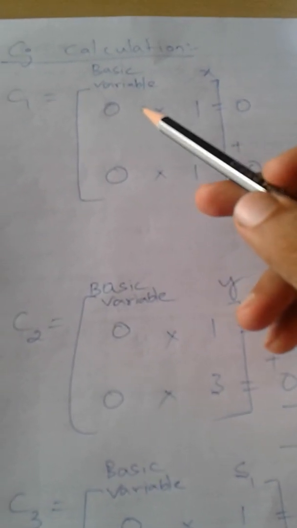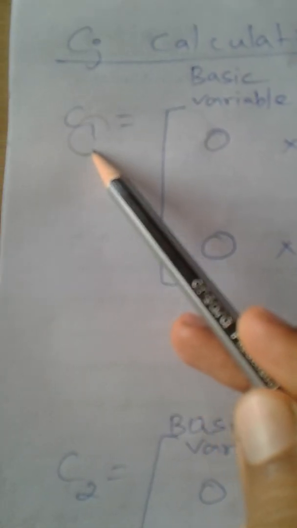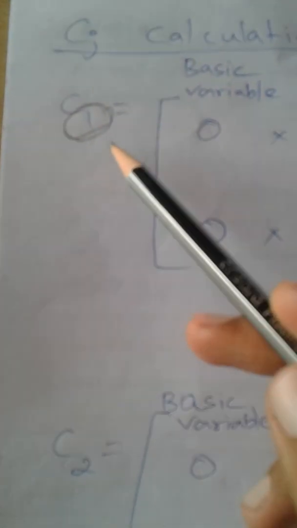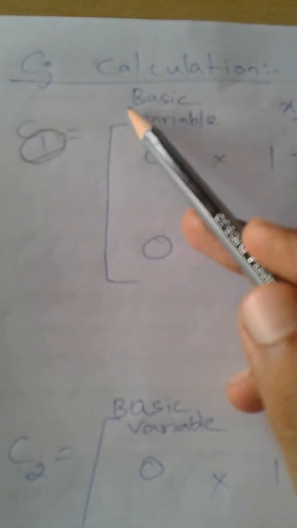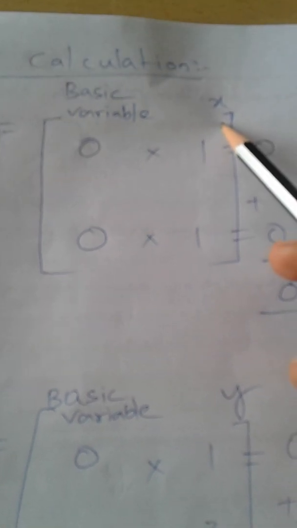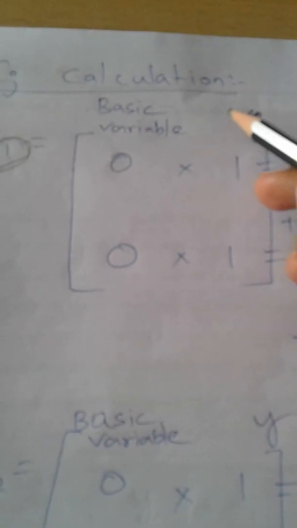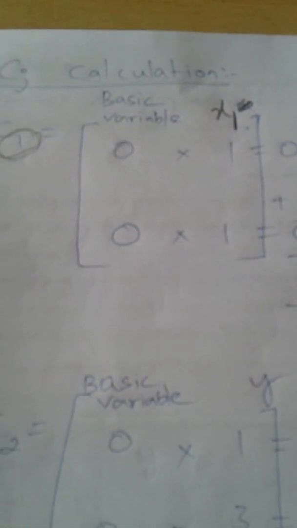Now how to consider the C values? First we are supposed to determine C1. How do I consider C1? C1 is nothing but, first I am going to consider the basic variable coefficients, and next I am going to consider x1. So x1 coefficients are 1 and 1. I am just going back.